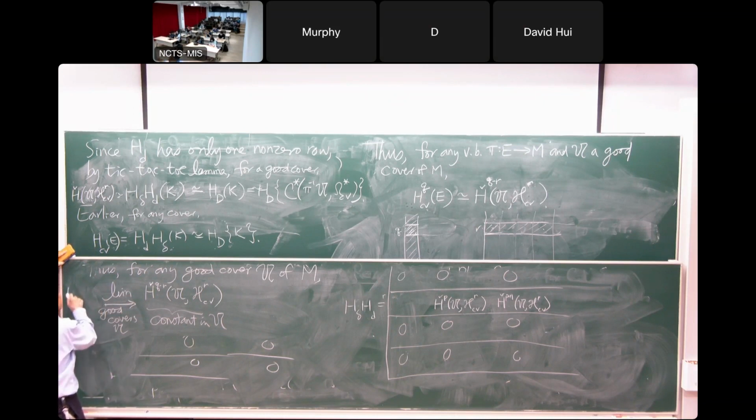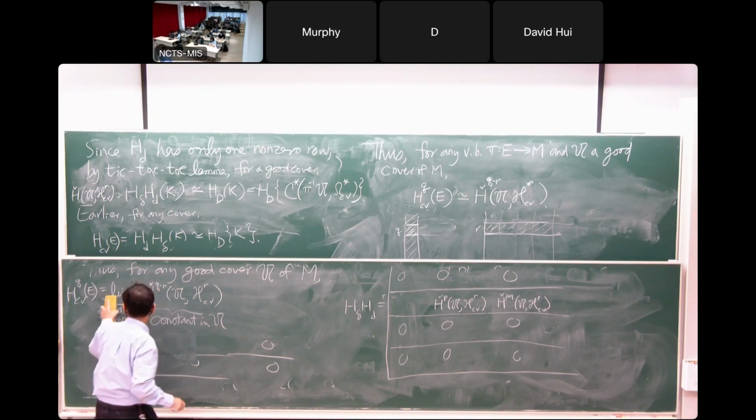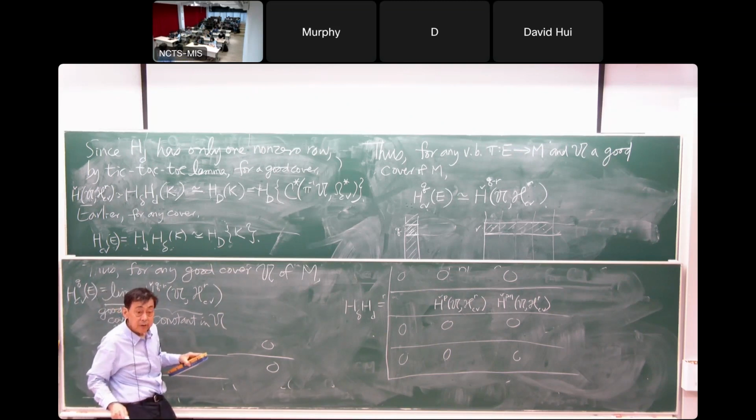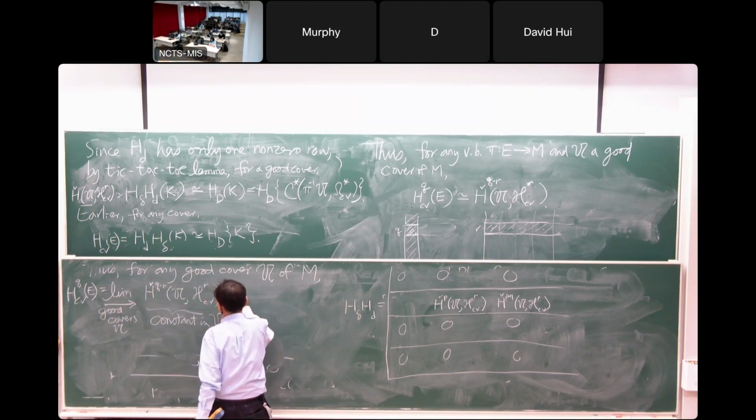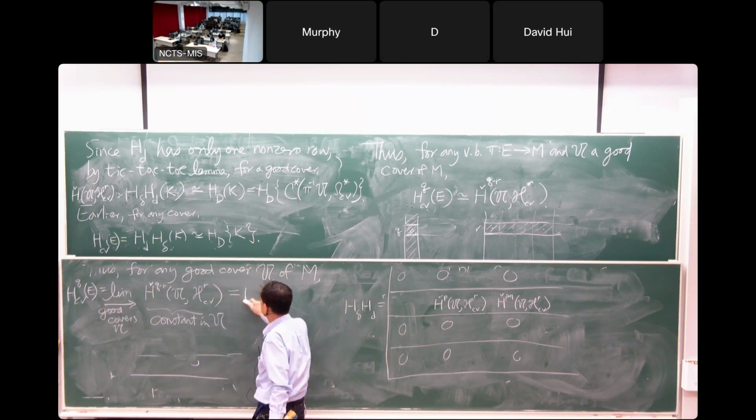It stays the same. And when you take the direct limit over good covers, because the good covers are cofinal, it's going to give you the Čech cohomology of the topological space.